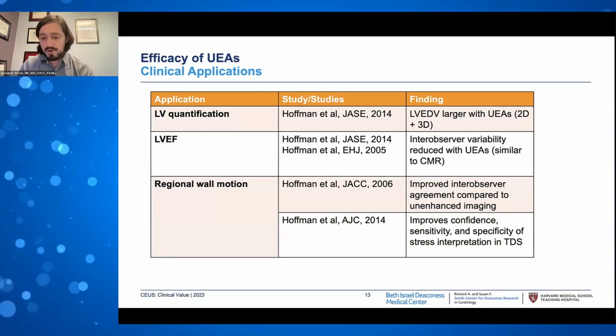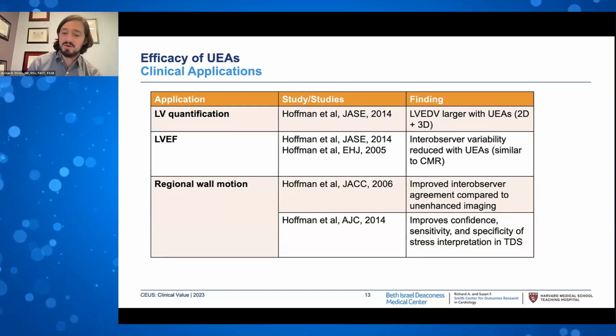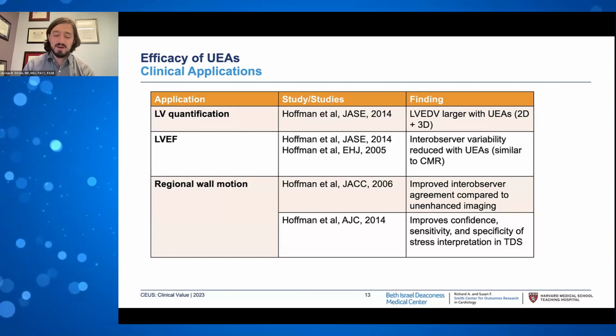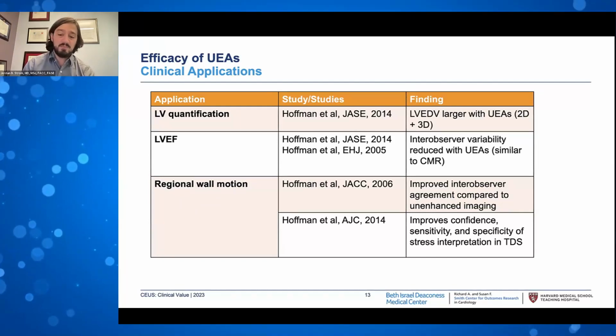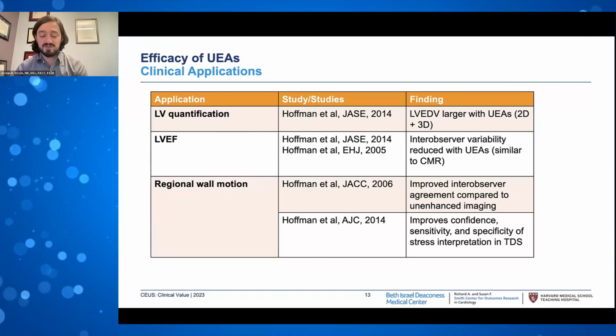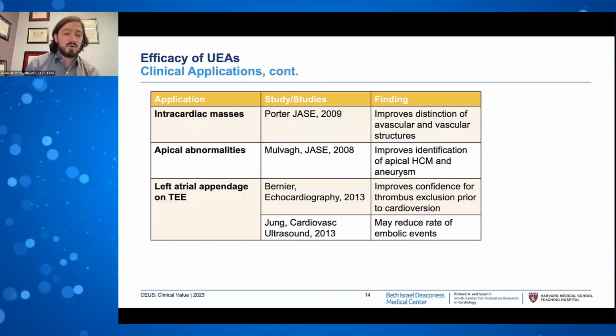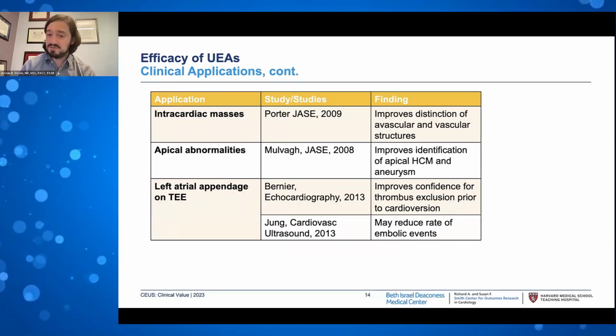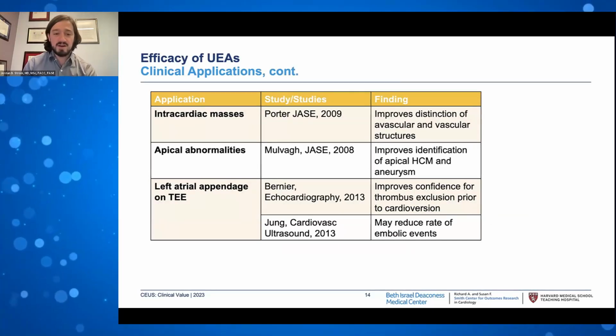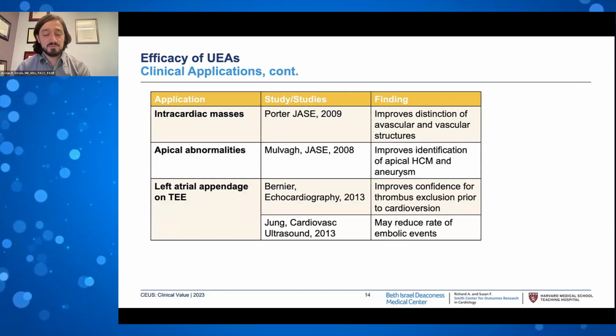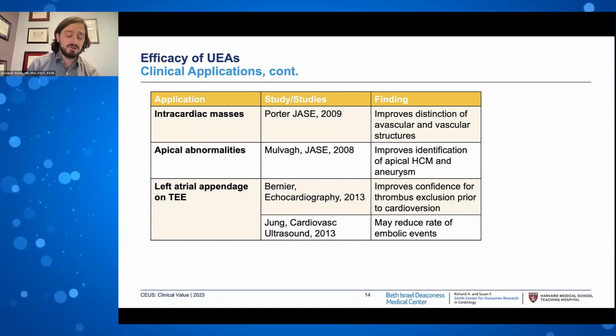For looking at regional wall motion changes, there's improved inter-observer agreement compared to unenhanced imaging, and it improves the confidence, sensitivity, and specificity for stress interpretation in technically difficult studies. For the evaluation of intracardiac masses, quite a bit of work has been done in this area, and it improves the distinction between avascular and vascular structures.